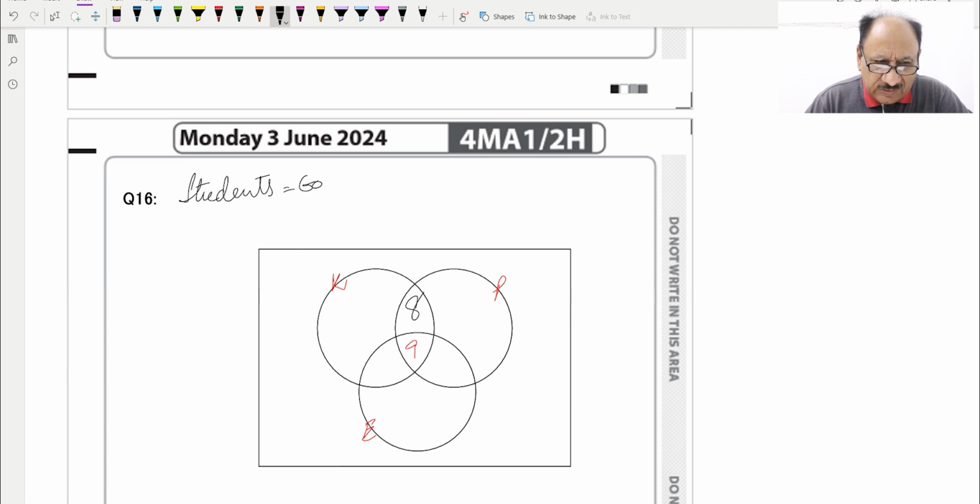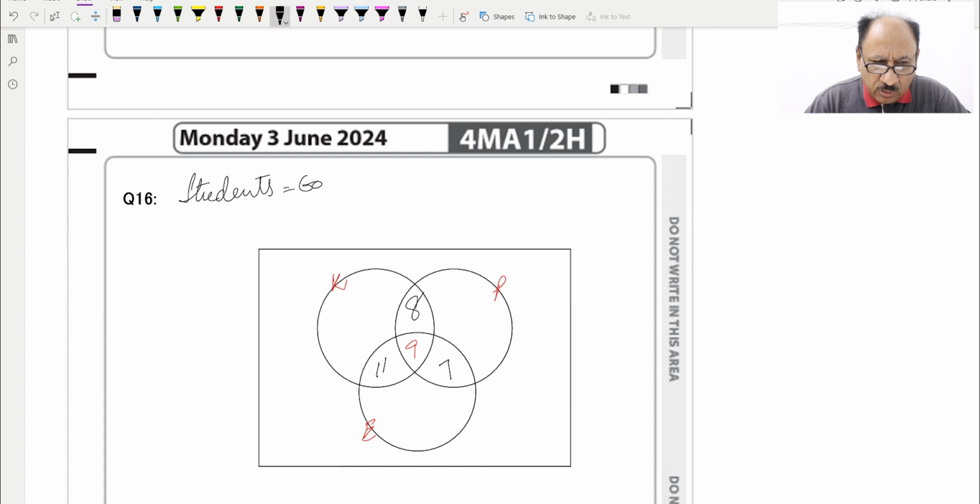Then 16 choose photography and embroidery. 9 we have already taken, so this will be 7 here. Then the next section is knitting and embroidery, which is 20. 9 we have already taken, so 20 minus 9 will be 11.